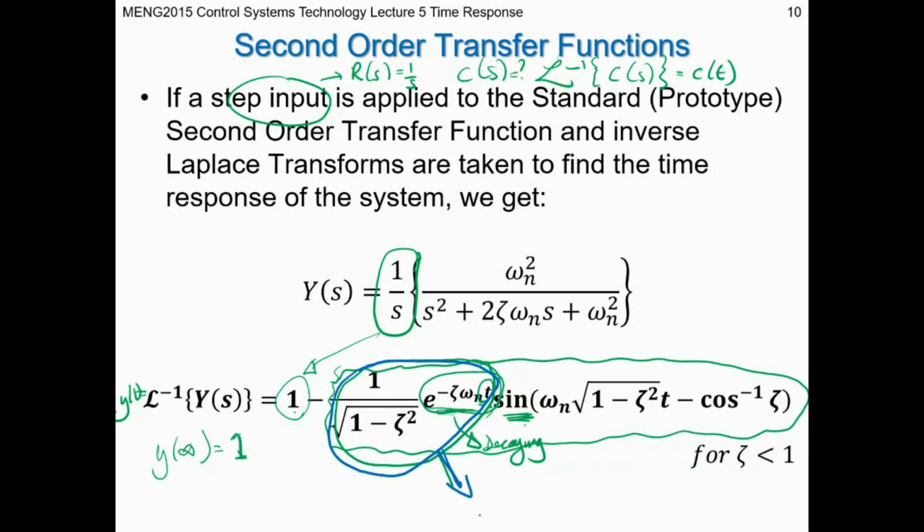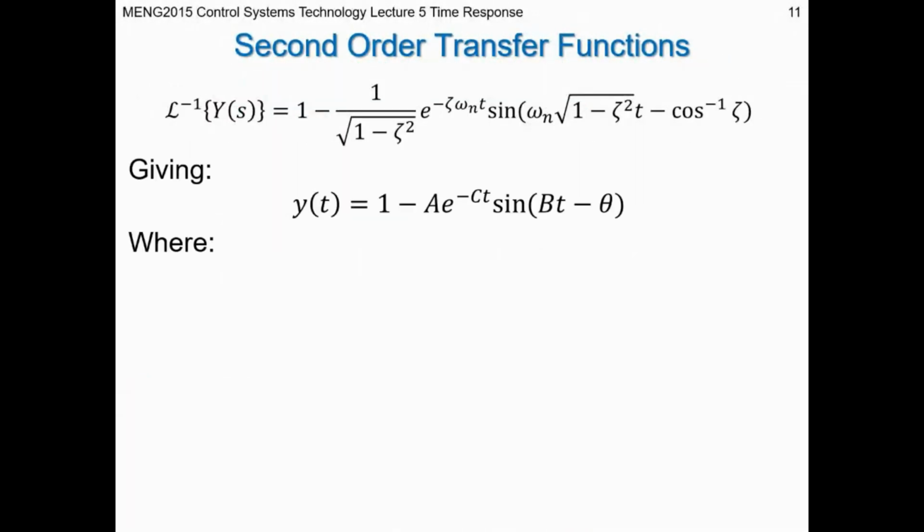This is the magnitude of the sinusoidal oscillation. So your sinusoidal oscillation will continue at the same frequency, and it will continue with the same phase shift. But as time goes on, the magnitude of that sinusoid is going to decrease.